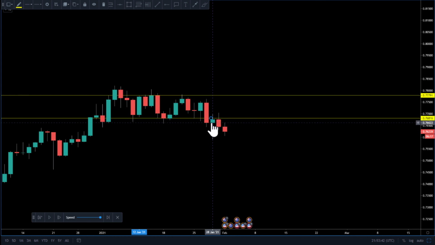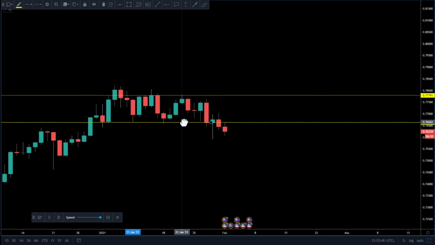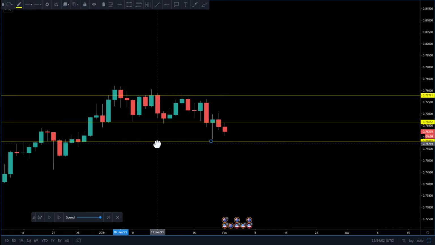This one gave a weak bullish bar, making lower highs, and then on Friday it closed bearish, and it closed underneath this level as well. So I was only really wanting to take sells. It reacted from the highs and then came down, and I wanted continuation down to around this support over here.